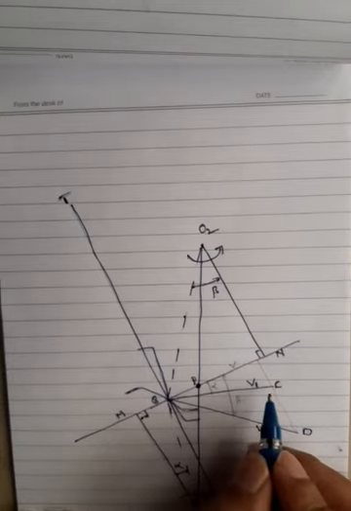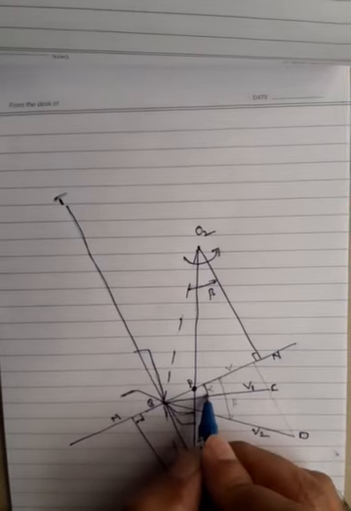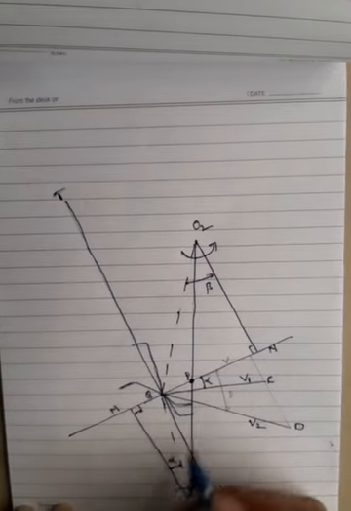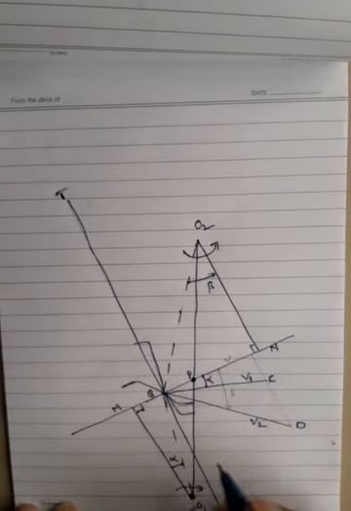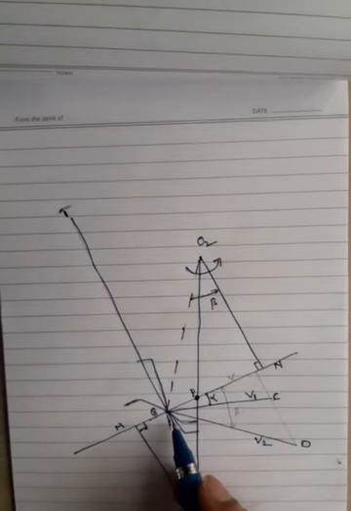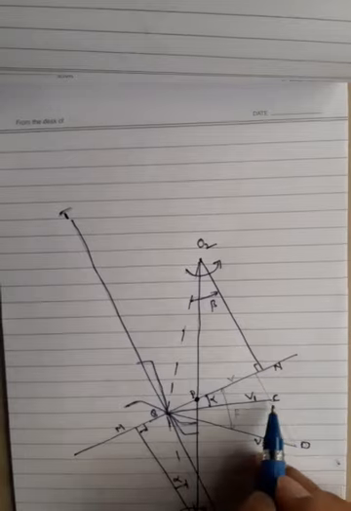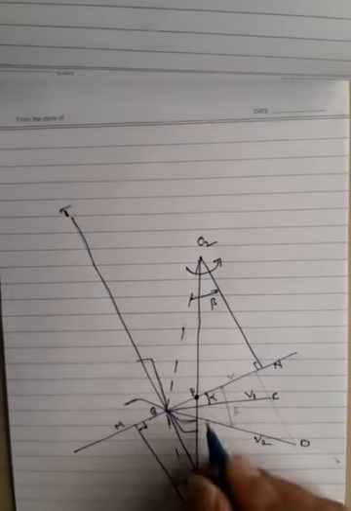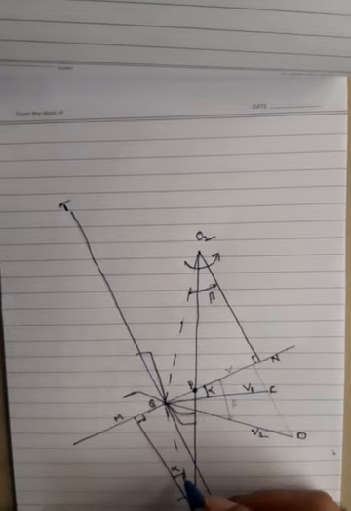QC makes an angle alpha, and these two angles alpha are equal because O1M and O1Q are mutually perpendicular to QN and QC, and hence these angles alpha are equal in magnitude.